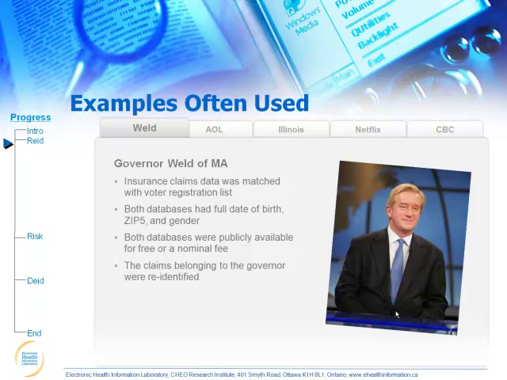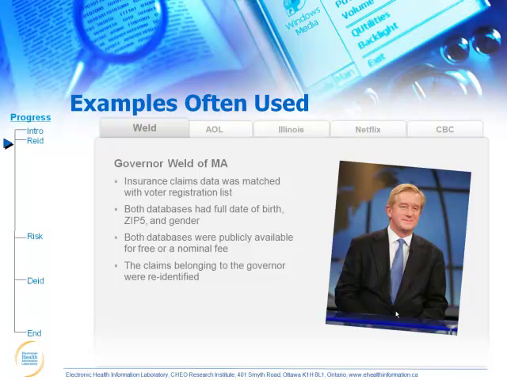So the first example is Governor Weld of Massachusetts. This is an old example, probably one of the first ones. In that particular case, the Group Insurance Commission, which insures state employees in Massachusetts, was releasing insurance claims data for the state employees and making that data publicly available, or available for a small fee, or selling the data.